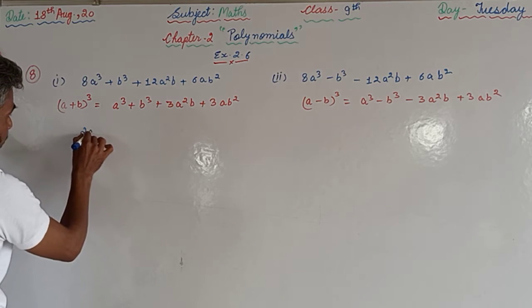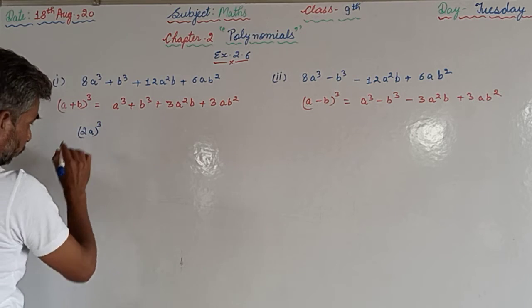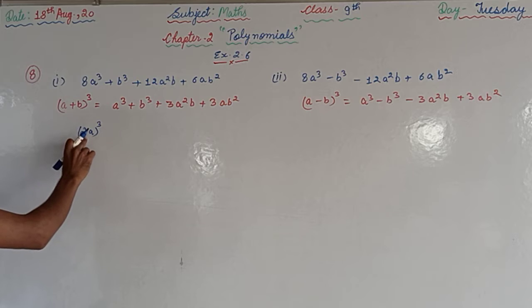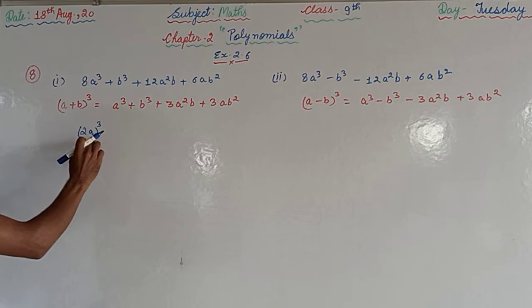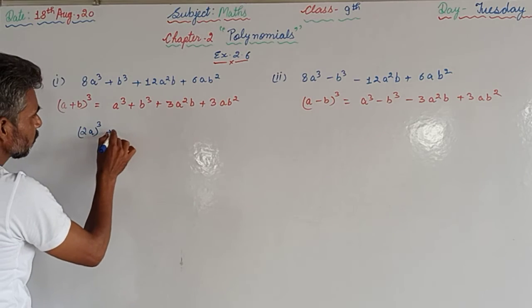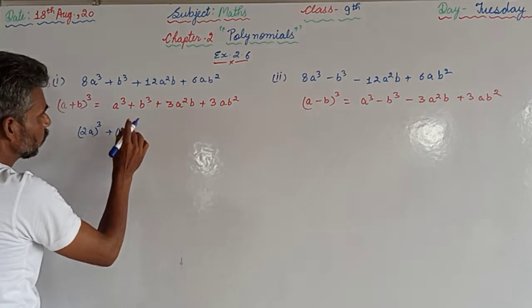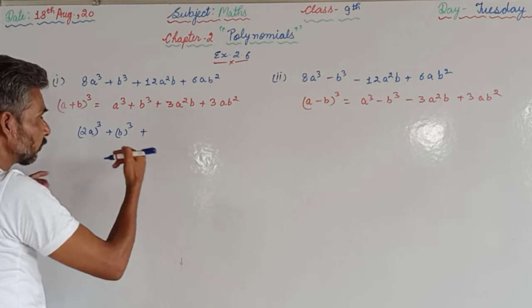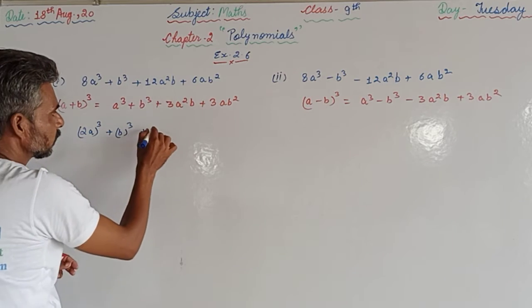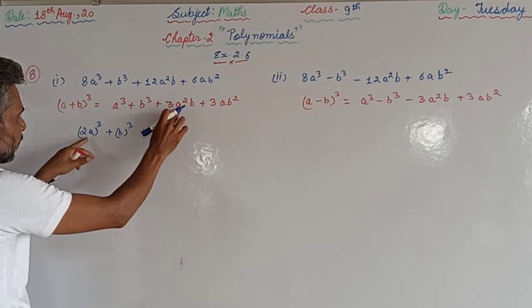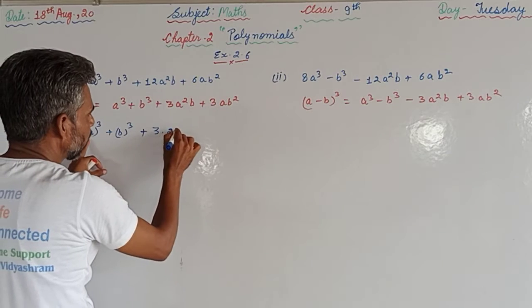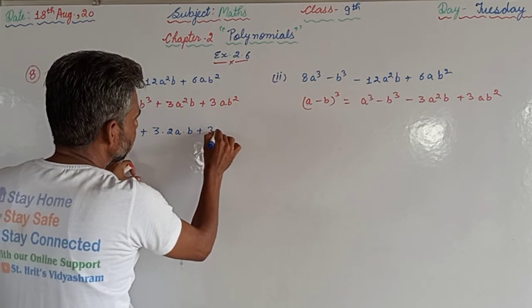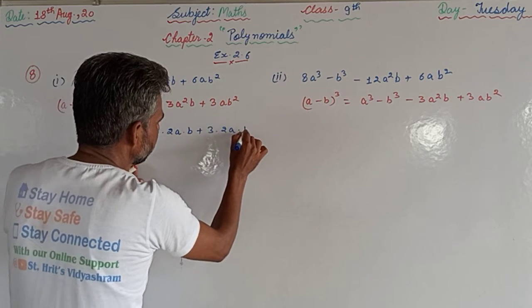So (2a) whole cube. (2a) whole cube means 2 into 2 into 2, 8, a into a into a, that is a cube, plus b whole cube. Now we will see this pattern and try to convert that into this, means 3 into a. What is a here? That is 2a. b is b, plus 3 into 2a into b.